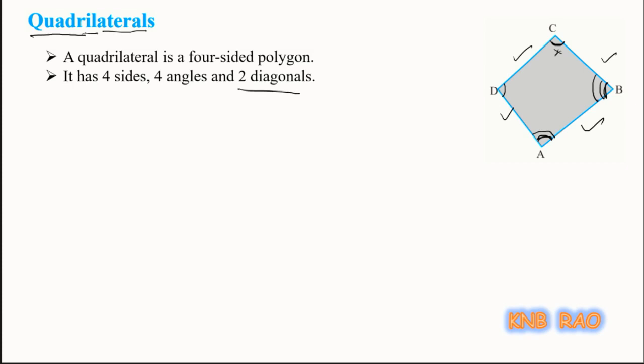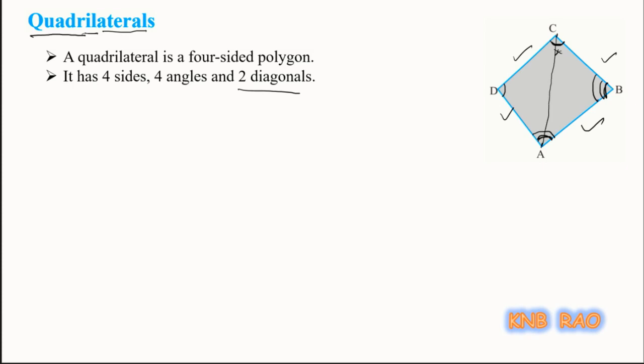What are diagonals? You have already learned in our previous classes the meaning of a diagonal. A line segment joining 2 non-adjacent vertices. Here vertex A is non-adjacent with C, not being beside A. So when I join A and C, that line segment is called a diagonal.